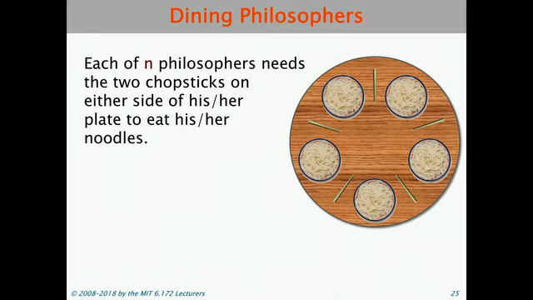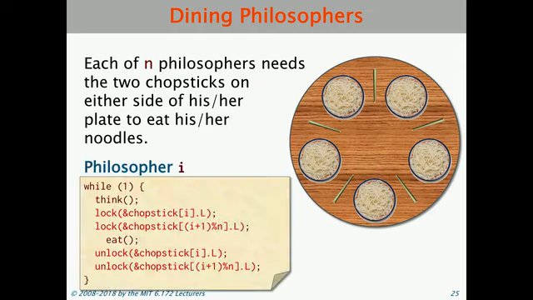There are N philosophers seated around the table, and between every plate of noodles, there's a chopstick. In order to eat the noodles, they need two chopsticks, which to me sounds very natural. And so here's the code for philosopher i.